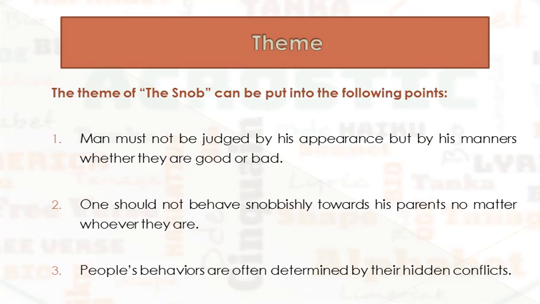Number three, people's behaviors are often determined by their hidden conflicts. Again, like John Harcourt's conflict, when he felt ashamed after he had failed his father, and then a humiliation sickened him as he waited and did nothing.